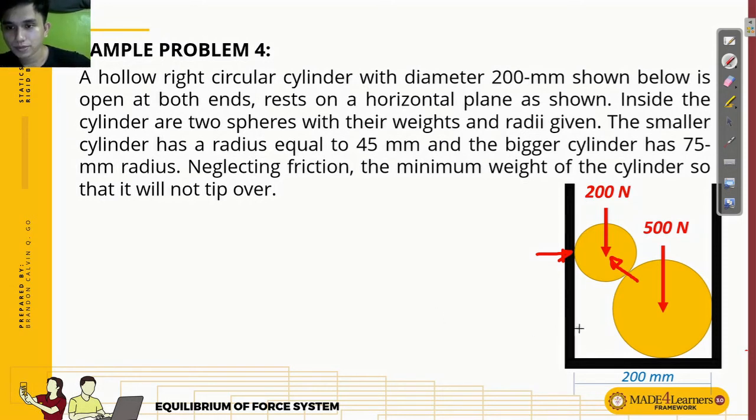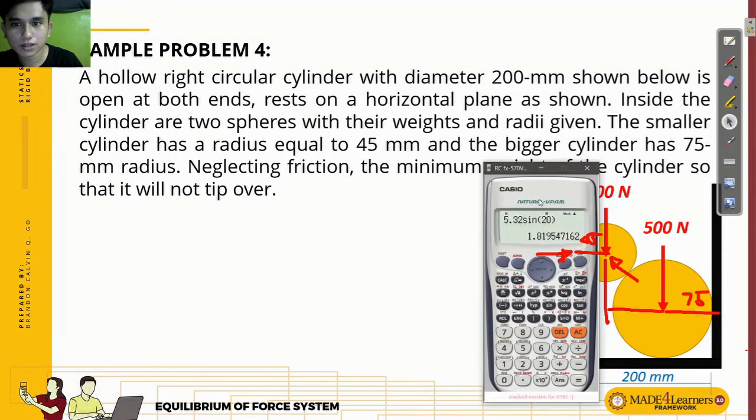Okay, so if this is 200, class, ato na ikuha. Kani, ang distance ani is 45, di ba? This is 45. Kani siya, this is 75, kay bigger sphere man ni. So, therefore, ang length ani niya, you have 45, 75, and then overall length niya is 200.